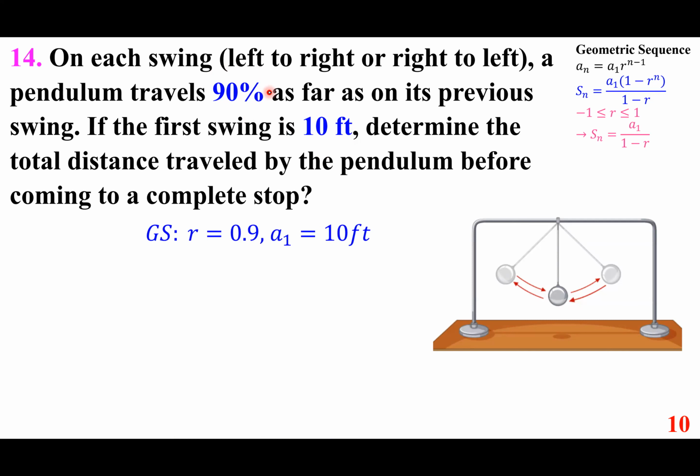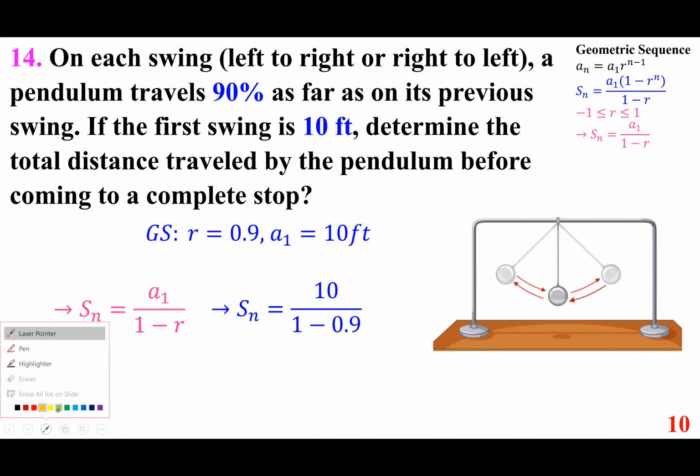And since r, 0.9, is between -1 and 1, we can use this easy way out by replacing a sub 1 with 10 feet and r with 0.9. We can come up with the answer.